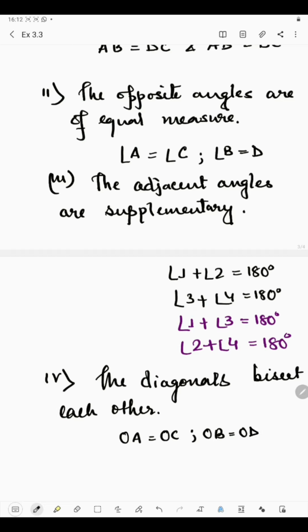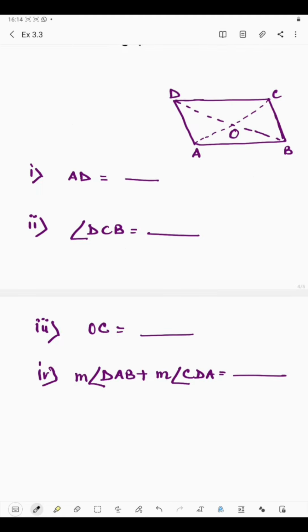Now let's start. Here we have a parallelogram ABCD, and we have some statements given. With the help of the properties, we will complete these statements. At first we have AD equals dash. Here is AD. So AD will be equal to BC. Why?